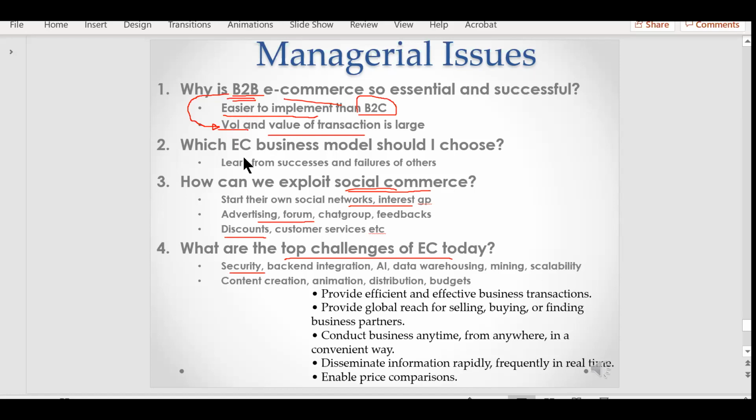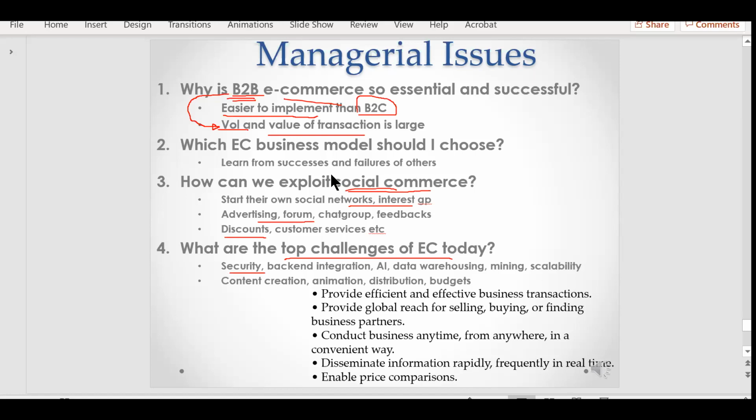It can be anything. Which e-commerce model should I choose? Right, like we have seen a few business models earlier, but we'll see more later on. Like I say, the brokerage business model, the affiliate business model, then also the direct business model, okay, etc. So which model to pick?